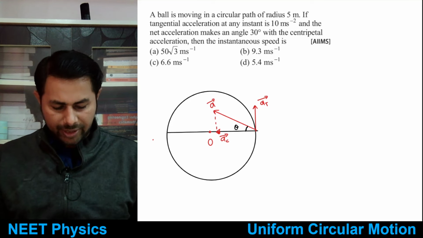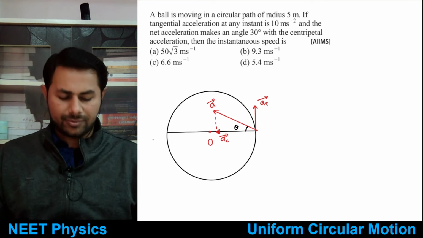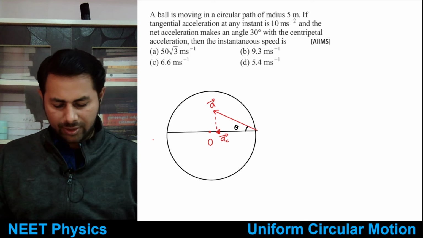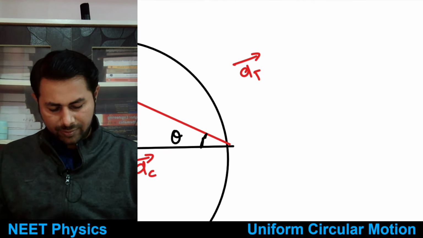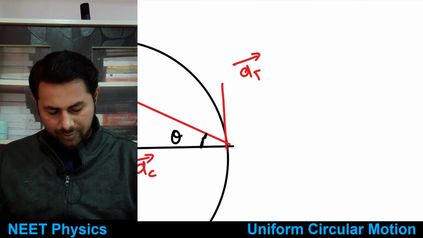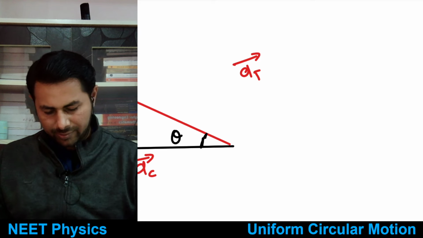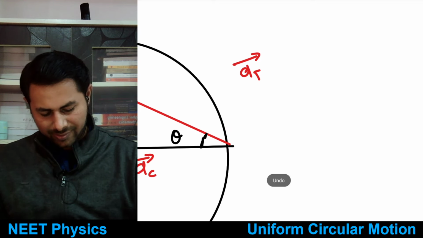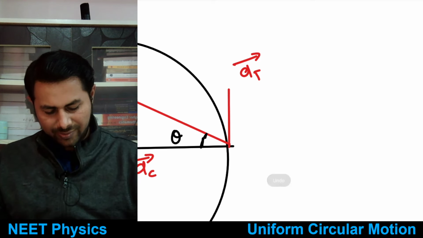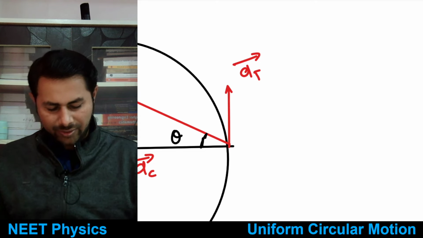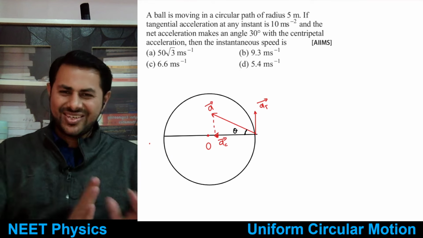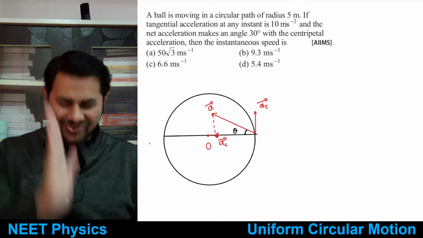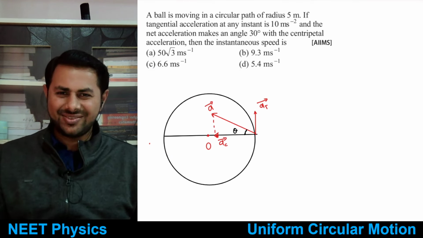Then the instantaneous speed is, tell me. It is along the tangent. Yeah, now it's good. All right, so assume that it's a tangent. It's vertical. Tell me.